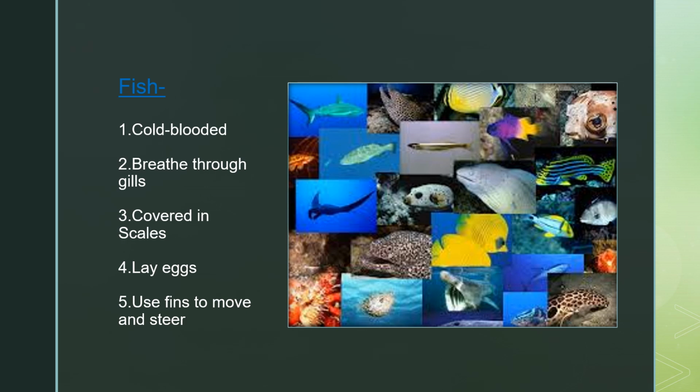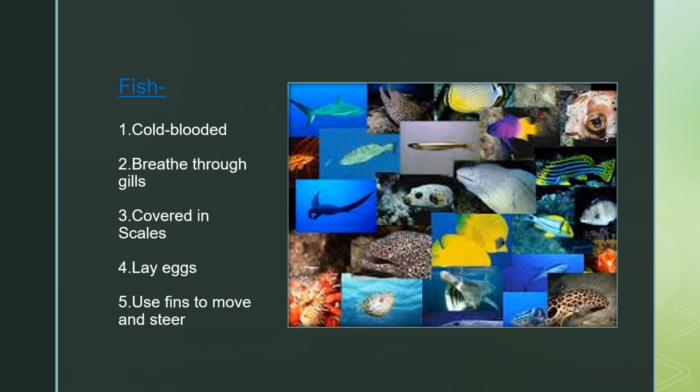They are cold-blooded animals. This means their body temperature varies with that of the environment. They can breathe through gills, and you may see their gills on the sides of their bodies. The gills take oxygen from the water around them.